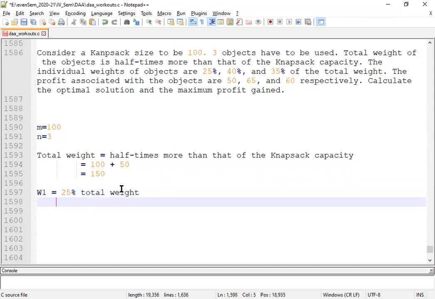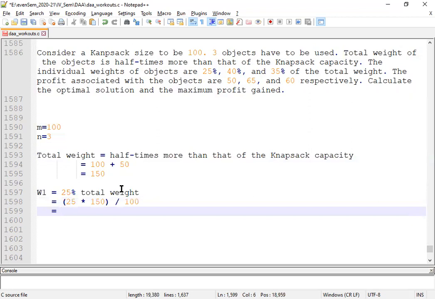If you solve this 25%, it is going to be 25 multiplied by the total weight, that is 150, then the whole divided by 100. Let me put the brackets here. So 25 multiplied by 150, whole divided by 100. If you solve this, we are going to get the weight W1 as 37.5.